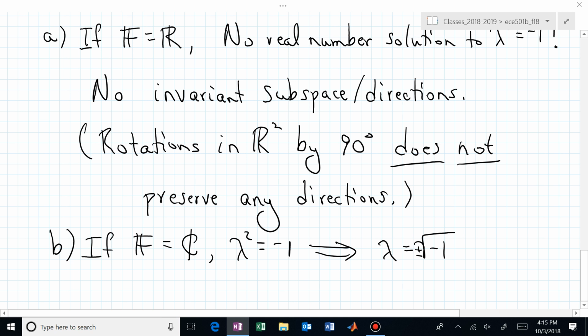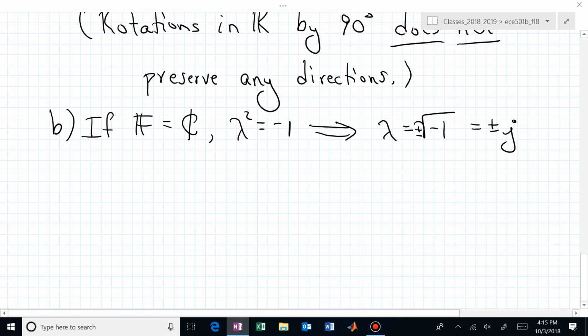So now we want this to be plus or minus the square root of minus 1, and in this electrical engineering case, that's now plus and minus j, or plus and minus i if you're looking from a physics or math lens on this.